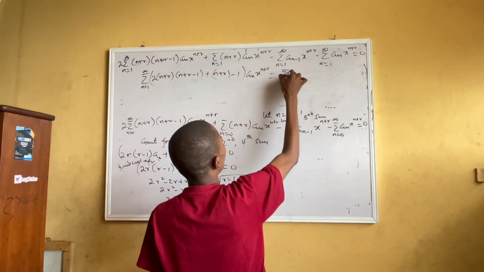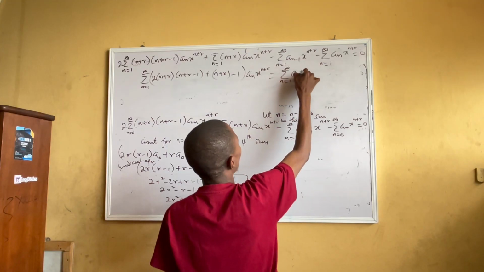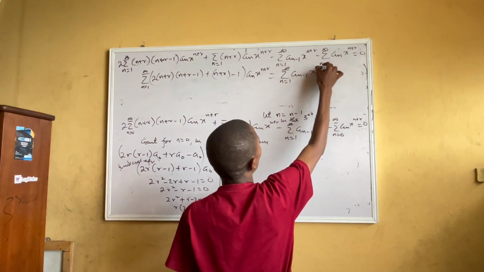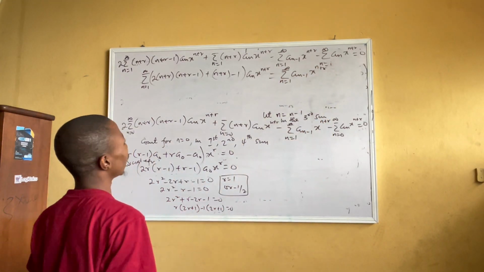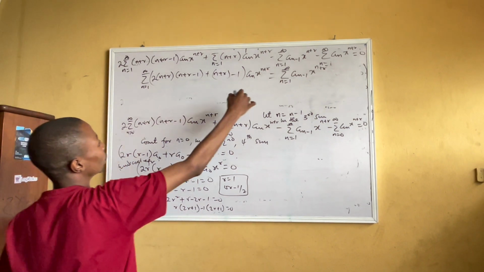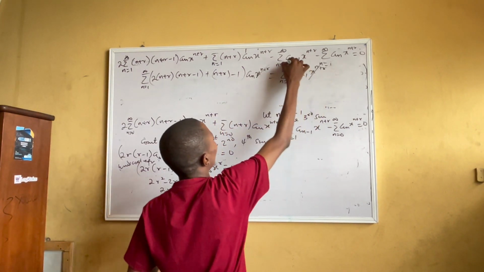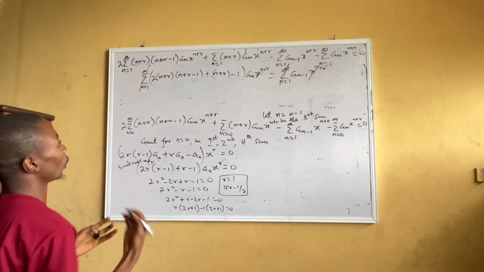Bring it here, it will now turn to plus, a_(n minus 1) x^(n plus r). After getting that, cancel the x^(n plus r) and the sum, then you have your recurrence relation.